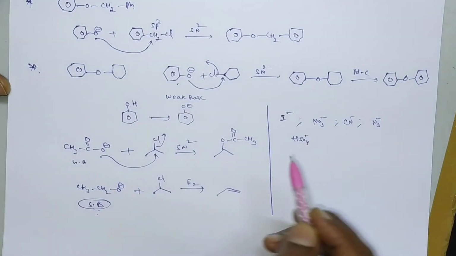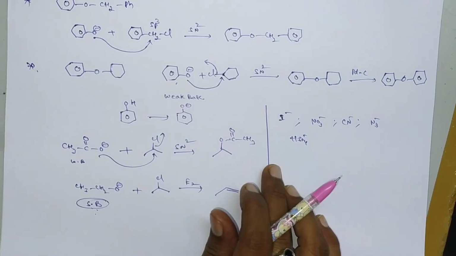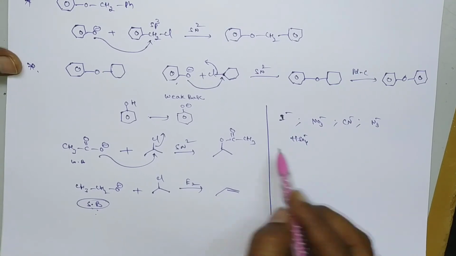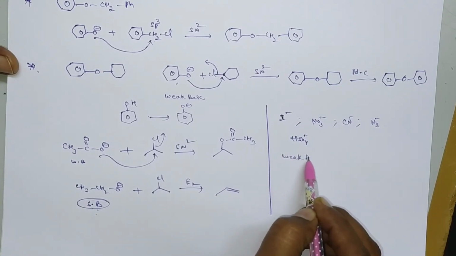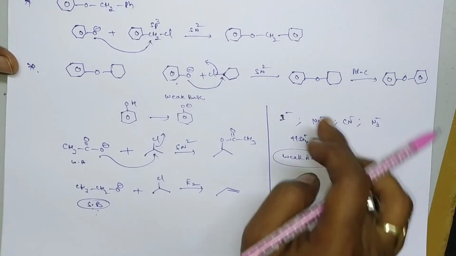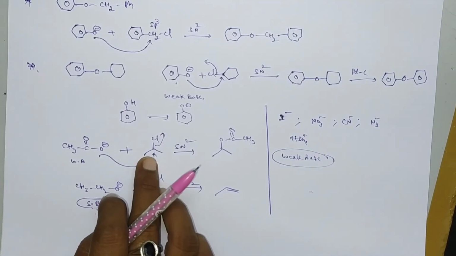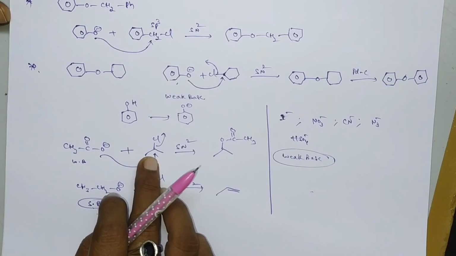All these are weak bases because these are obtained from strong acids. So these are the conjugate bases of strong acids. That's why all these are weak bases. So in presence of any one of these weak bases, the SN2 reaction takes place even though it is a secondary alkyl halide. Okay, clear?